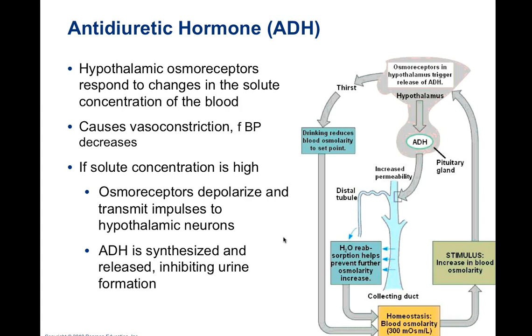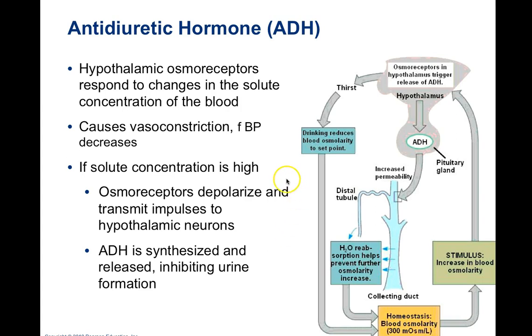So when we have increased osmolality in our blood, that is going to stimulate secretion of our antidiuretic hormone, which will cause increased water reabsorption, meaning we will have more concentrated urine and less concentrated blood plasma, typically resulting in an increase in blood volume.